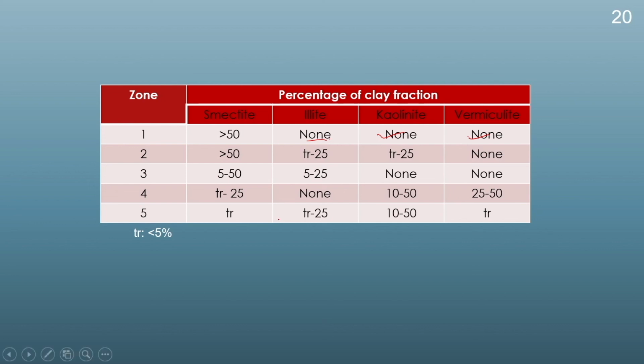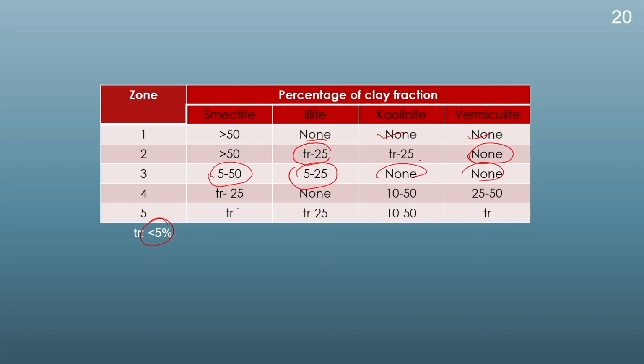If the soil falls in zone 2, then the smectite content will be greater than 50%, some trace amount of illite will be present, trace to 25%, where trace means less than 5%, kaolinite will be trace to 25%, and no vermiculite. If the soil falls in zone 3, then it will be 5 to 50% smectite, 5 to 25% illite, and kaolinite will be none and vermiculite will be none.